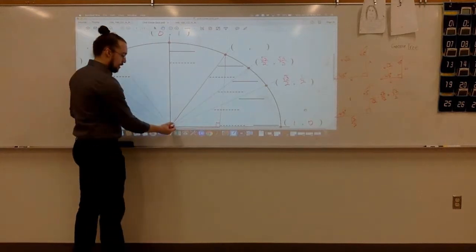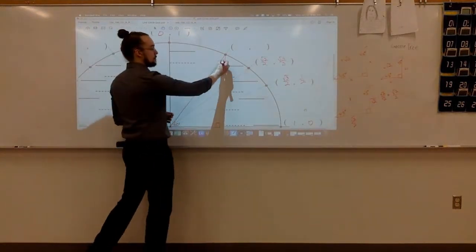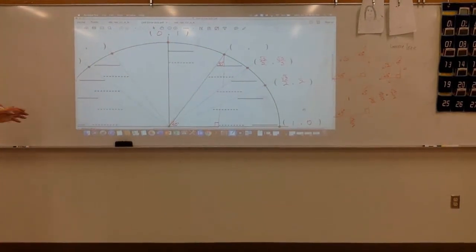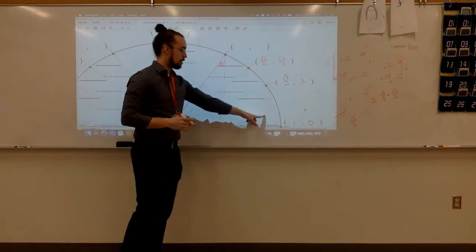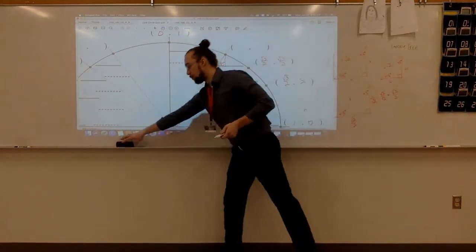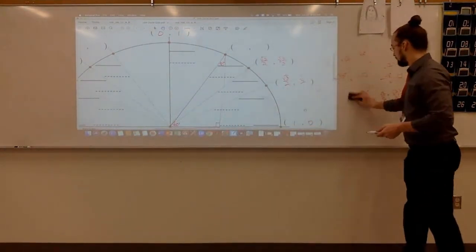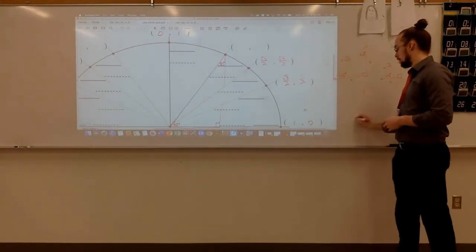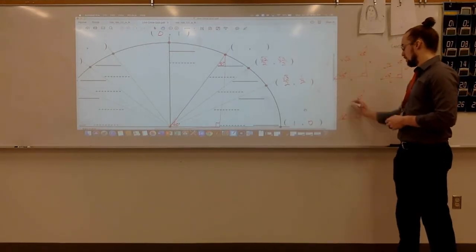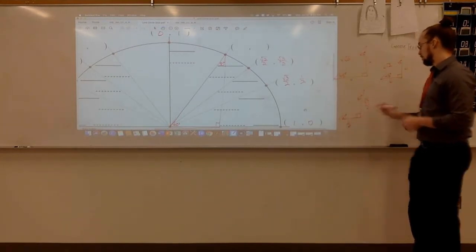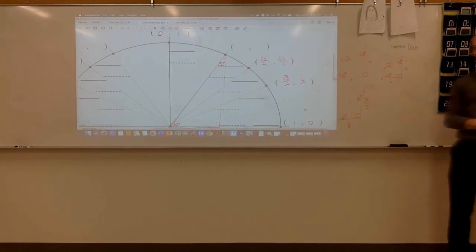So we already looked at our 30, 60, 90 when it was turned this way, right? We already determined the values of that right triangle. But now we're just taking that triangle and turning it the other way. So now if we're saying this angle is 60, this angle is 30, these were the values that we found. 1/2 and the square root of 3 over 2.